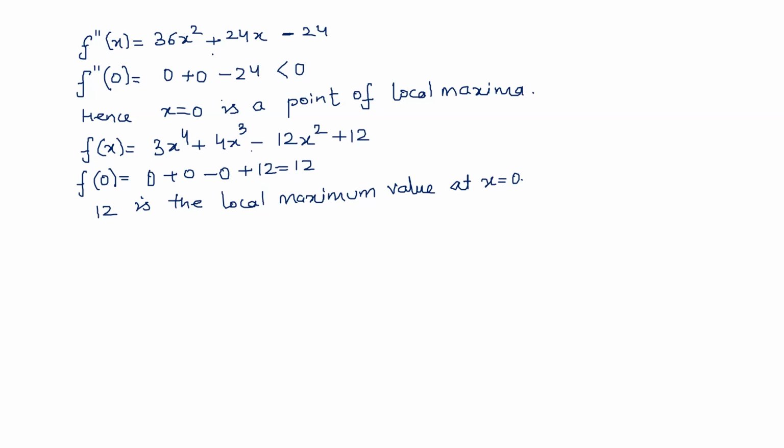Okay, Zaid. So 7 is the local minimum value. So 3 plus 4, 7. Okay, great, Zaid. That is correct. Now please, Zaid, check for -2. And anyone else, if they have checked for the critical points, then please share your answer.